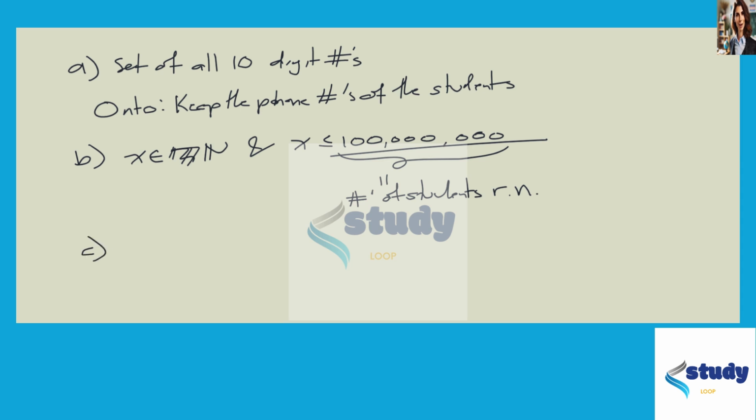So for C, we can make the codomain be A, B, C, D, E, and F. It does not have to be onto because none of the students may score an A. It would be onto if one student achieved each of these grades.